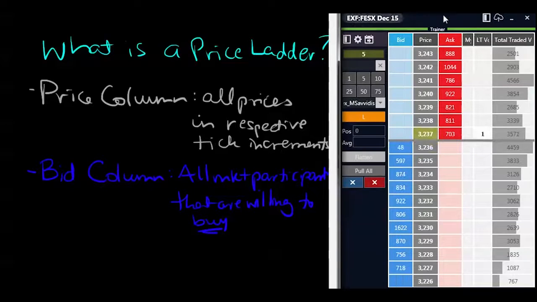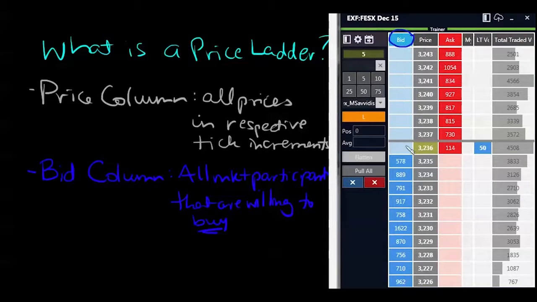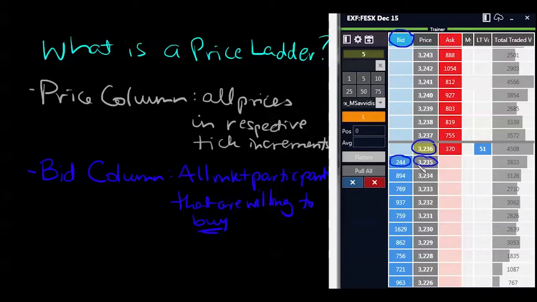So what does that mean? If we take a look over here, this column is our bid column. Currently the market price that is trading is 32.36. At 32.35, as you can see, there are 586 lots currently being put there. That's obviously changed. This is a live market, a live simulation of the Euro Stoxx.